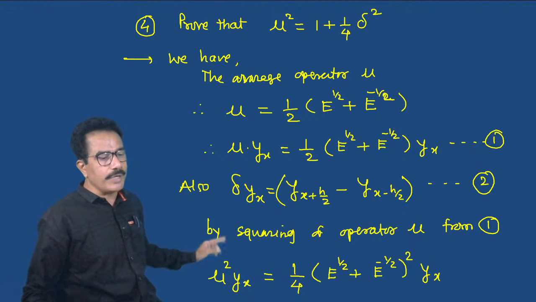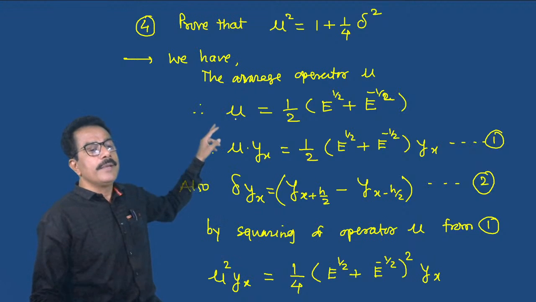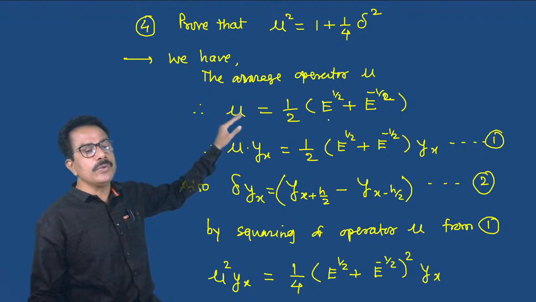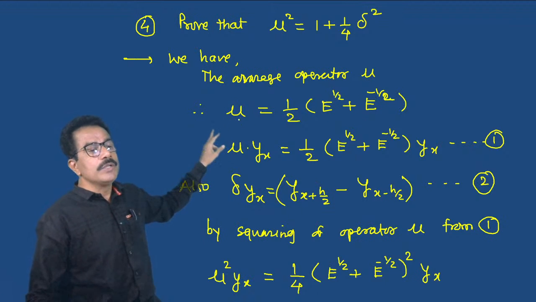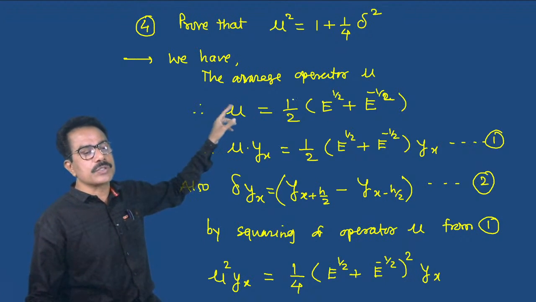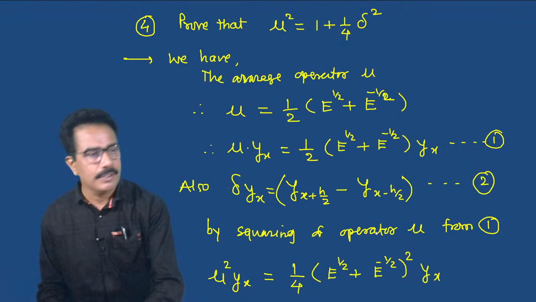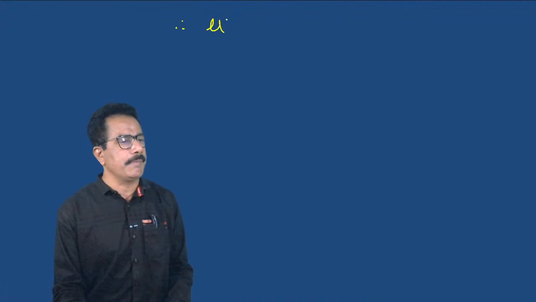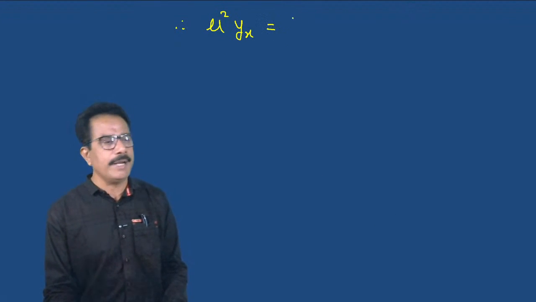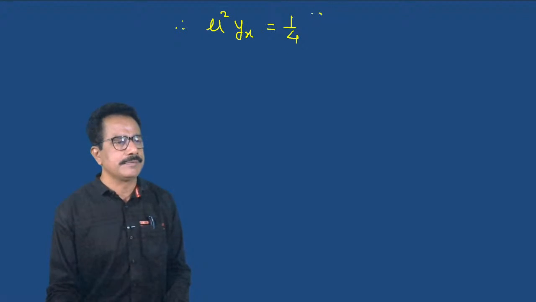So mu square of yx means, see this, mu equals 1/2 e raised to 1/2 plus e raised to minus 1/2. So mu square equals 1/4 e raised to 1/2 plus e raised to minus 1/2 its square. So we can take this. Now we can solve. Therefore mu square yx is given by 1/4.